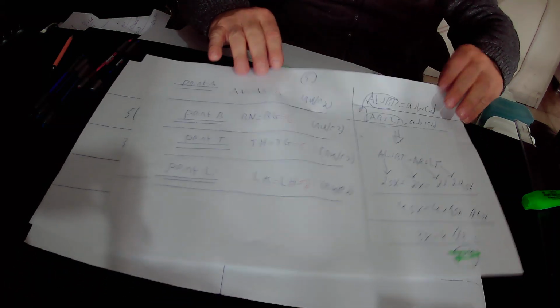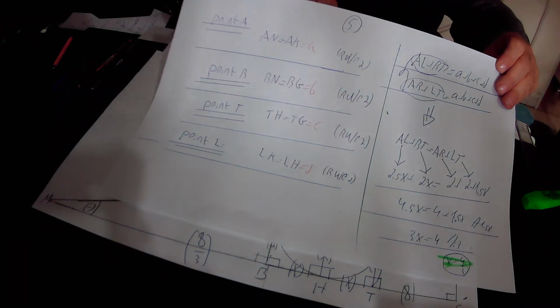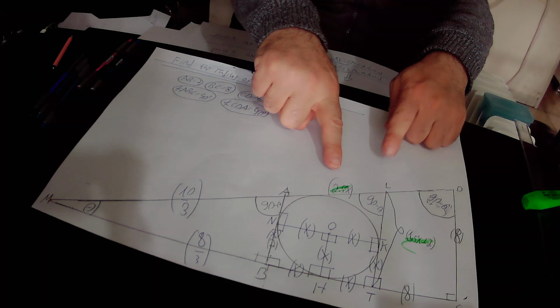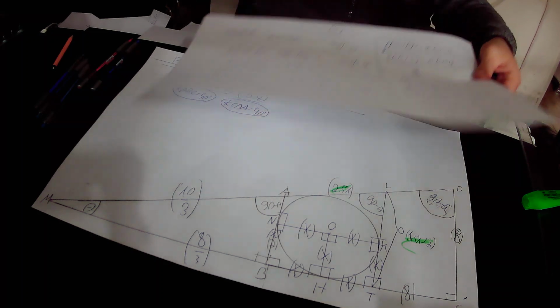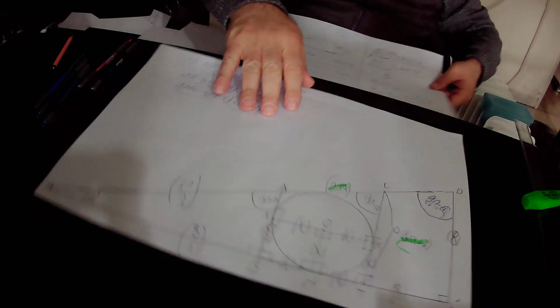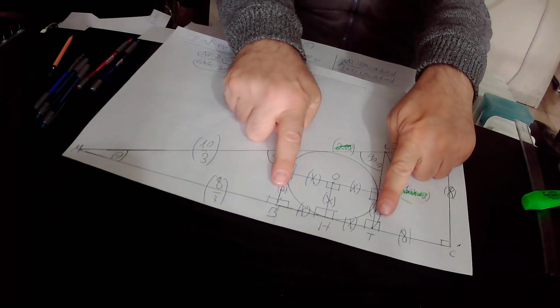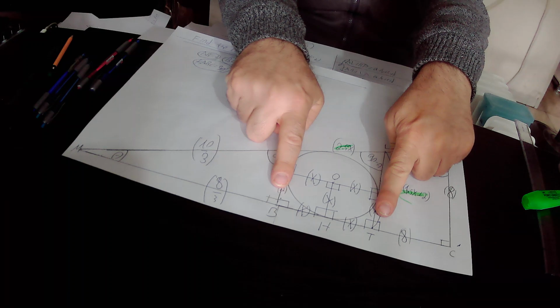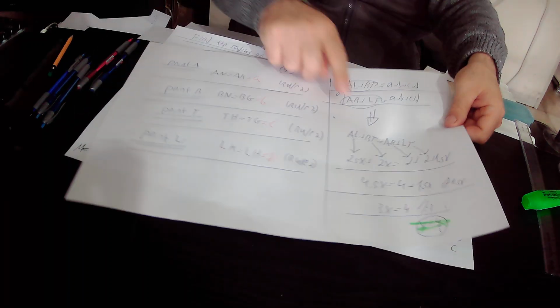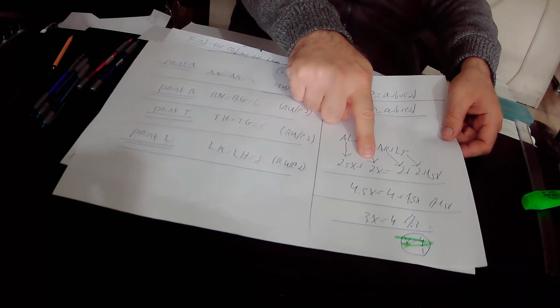What is the length of AL? AL equals 2.5x, so we substitute AL by 2.5x plus BT. Here, BT equals x plus x, that is 2x, so we substitute BT by 2x.